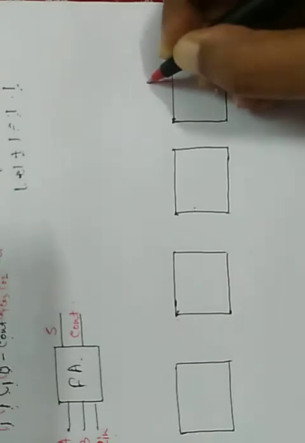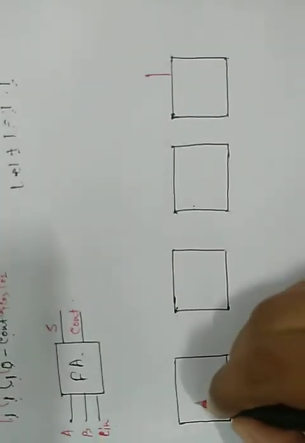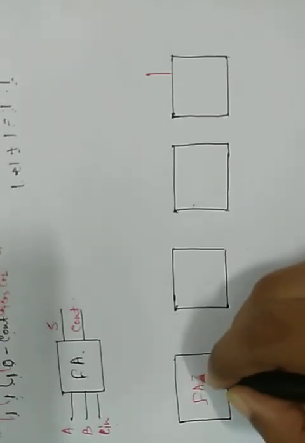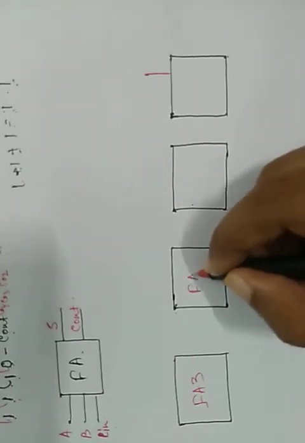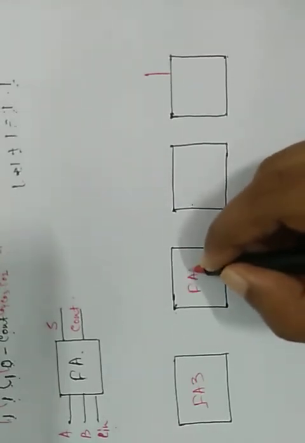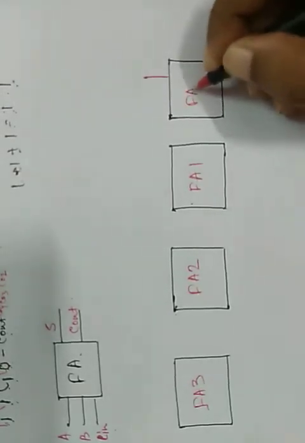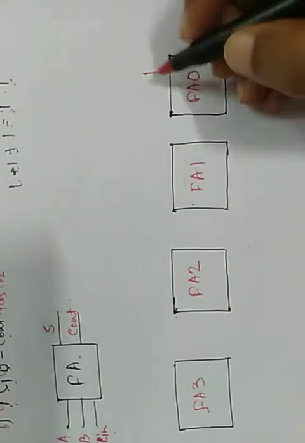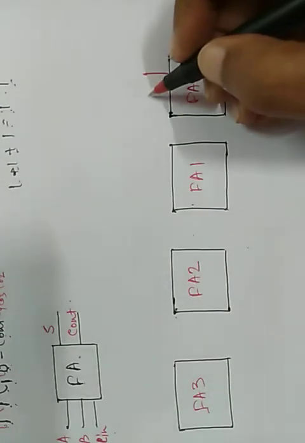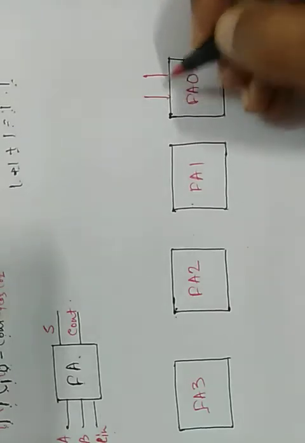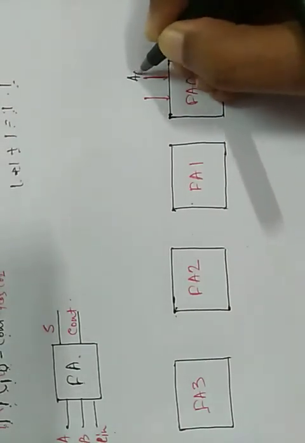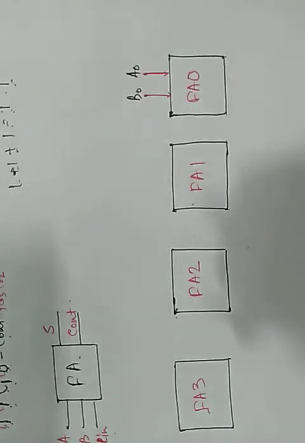This is full adder 3, full adder 2, full adder 1, full adder 0. So this is 1, 2. A0, B0, first 2 bits.